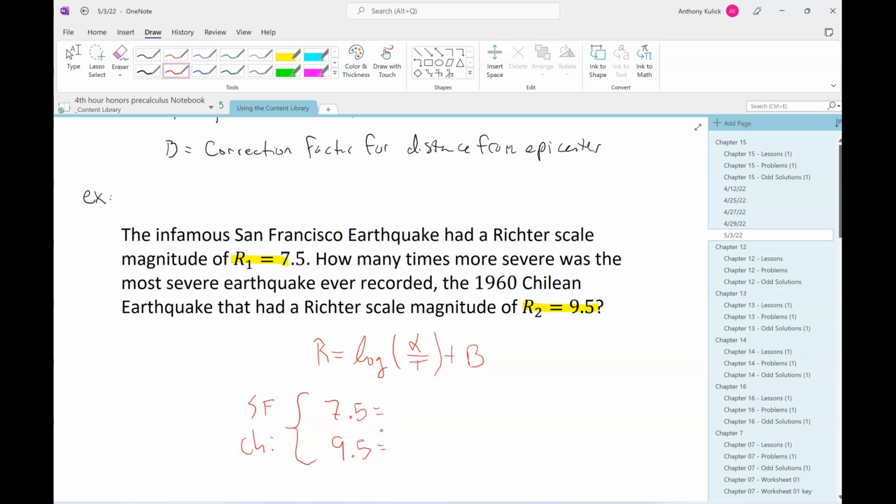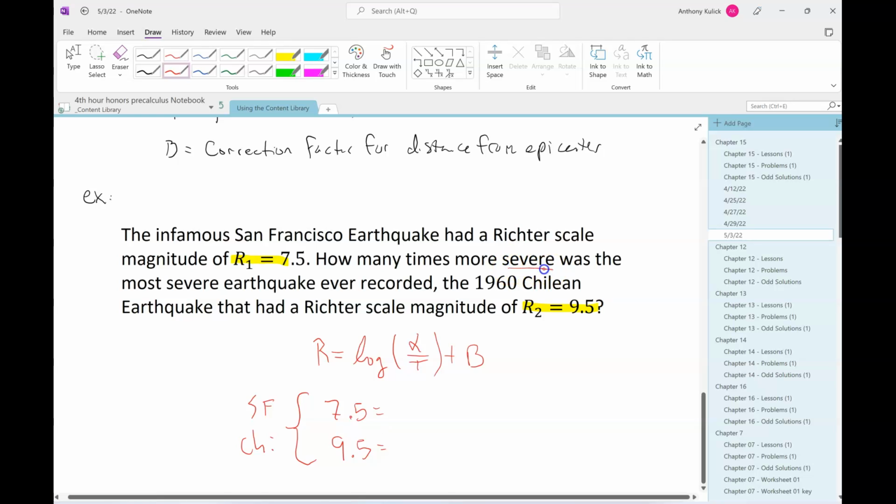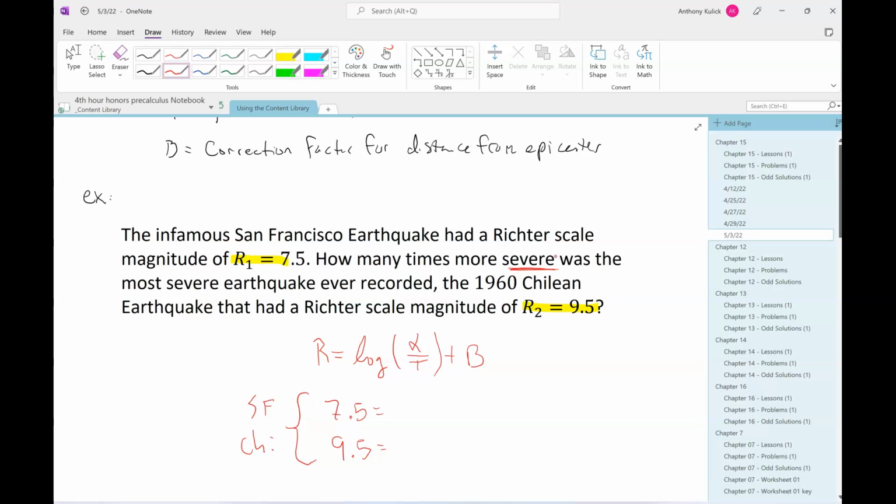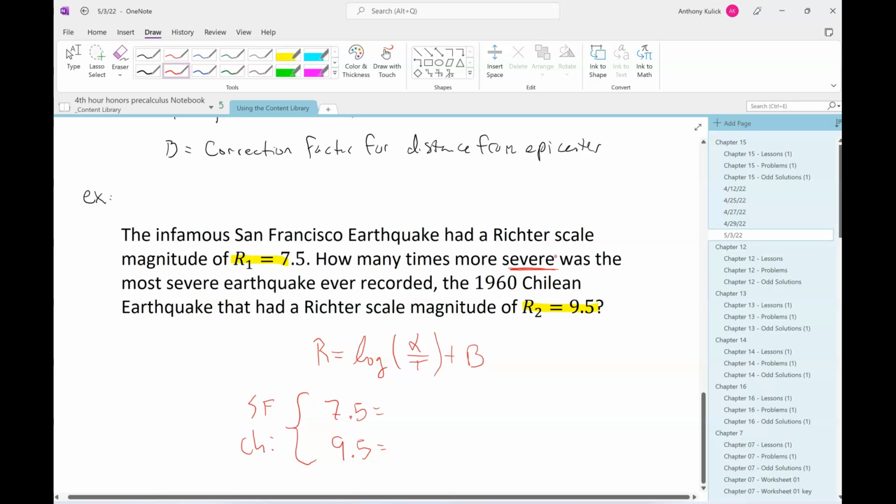And when we talk about the severity, which one of these measurements do you think is a better measure of severity? It's going to be how much up and down there was, right?